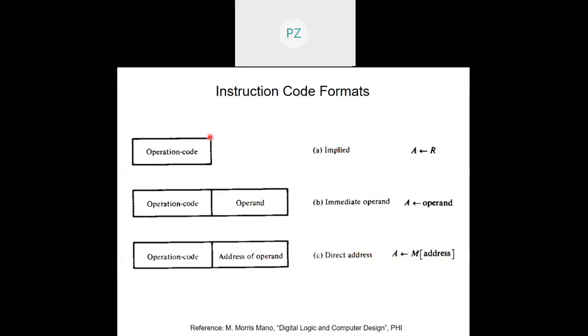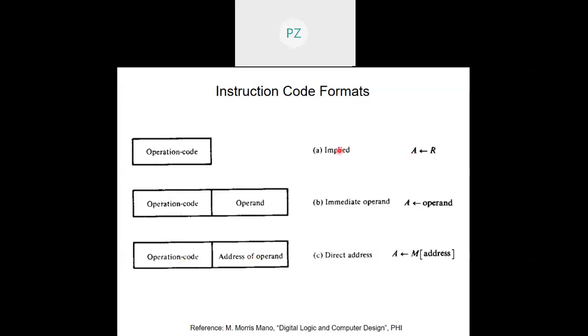So this is implied. No operand is given explicitly. It is implicitly meant to be one of the internal registers where the data has to be taken from and has to be loaded into register A. But over here, the operand is a part of the instruction itself, and over here the address of the operand is a part of the instruction, right?